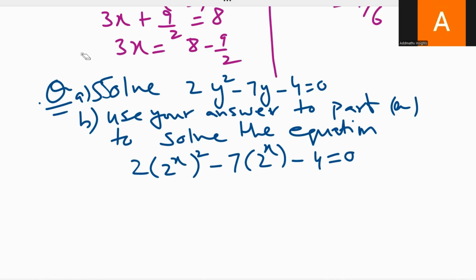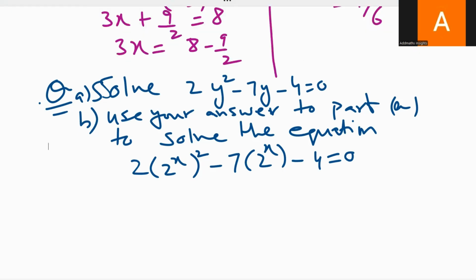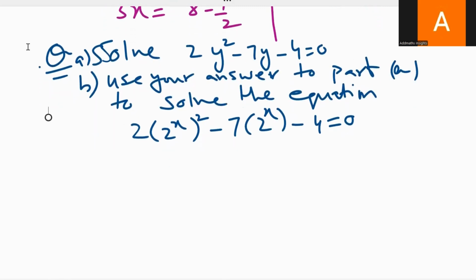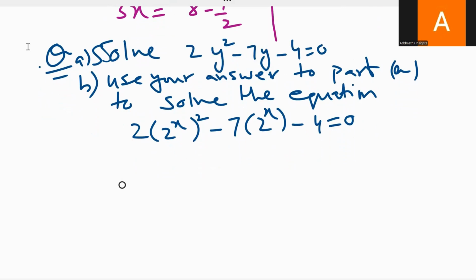So first, you can observe that when you compare these two, the value of y is basically equals to 2 raised to the power x, right? They are exactly the same. This is 2y squared minus 7y minus 4. And the second equation, which is in exponential form, is 2 into 2^x whole square. It means the value of y is 2 raised to the power x, right?